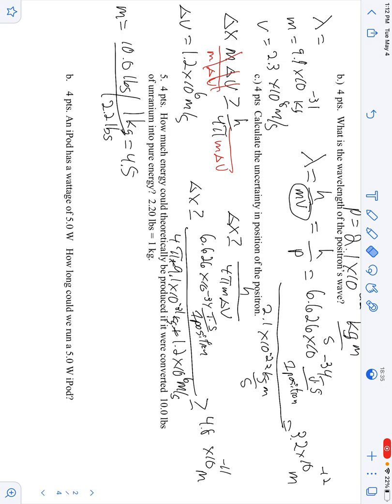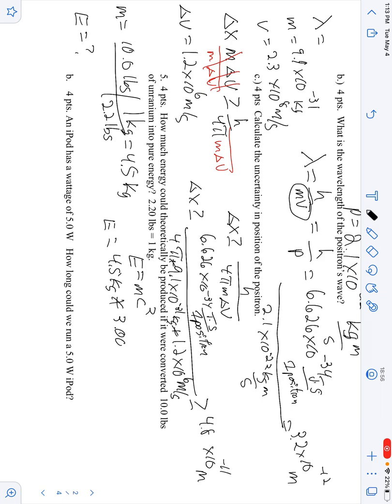Comes out to be 4.5 kilograms. And I'm trying to find energy. So there's only one equation that's got E and M in it, and it's that one. So I plug in my mass.